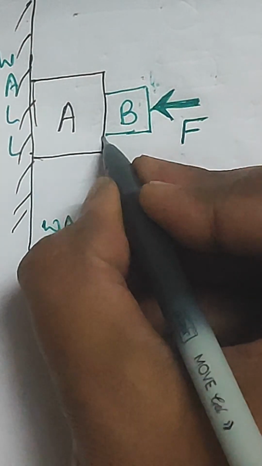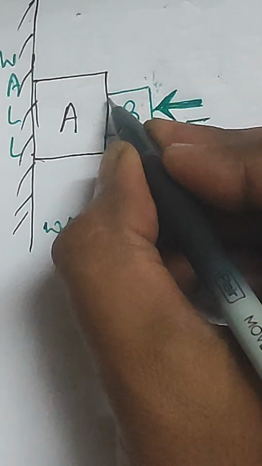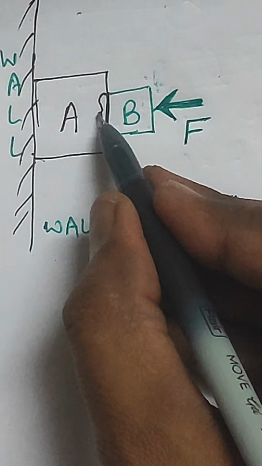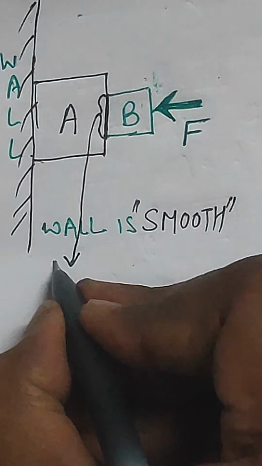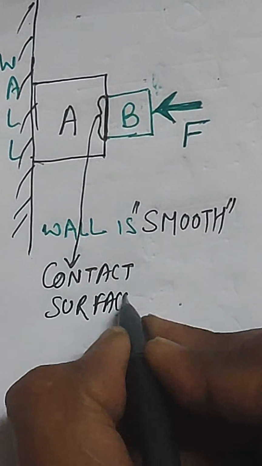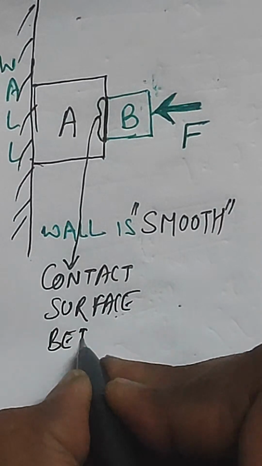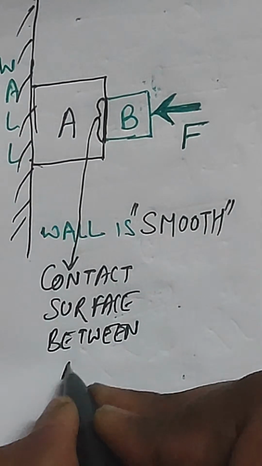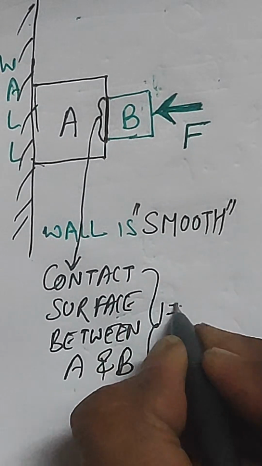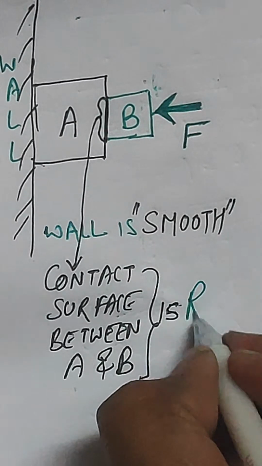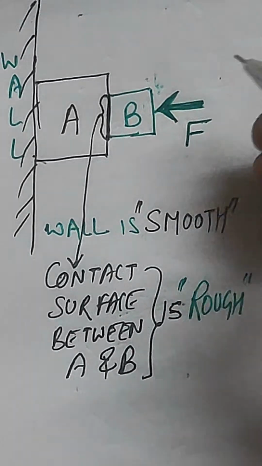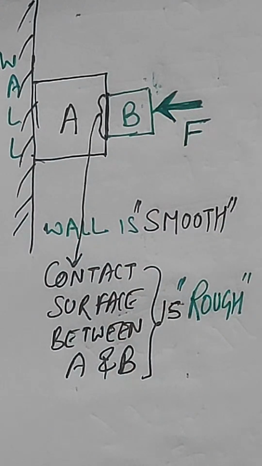So this surface, that means this surface which is in contact with A and B, the contact surface between A and B is rough. So if the word rough is here, that means here at this point we have certain friction.